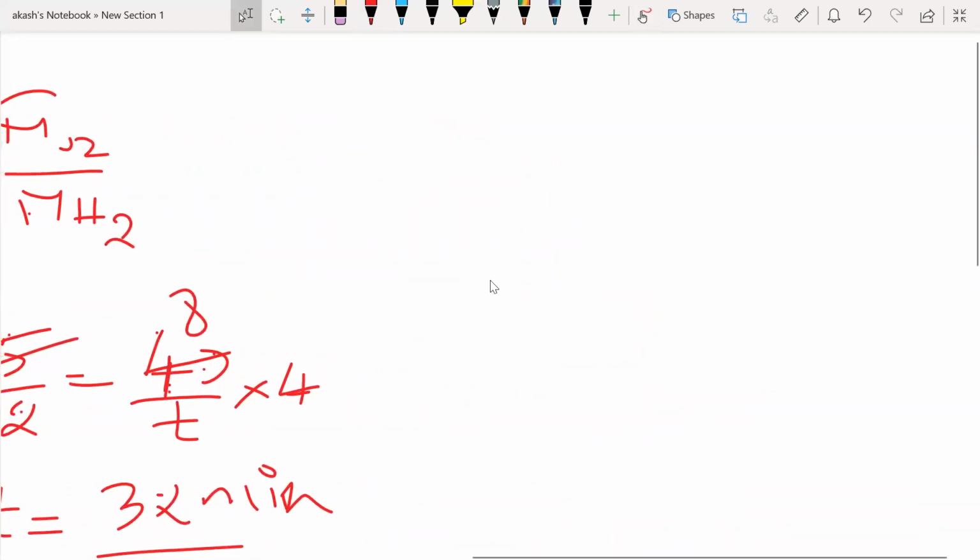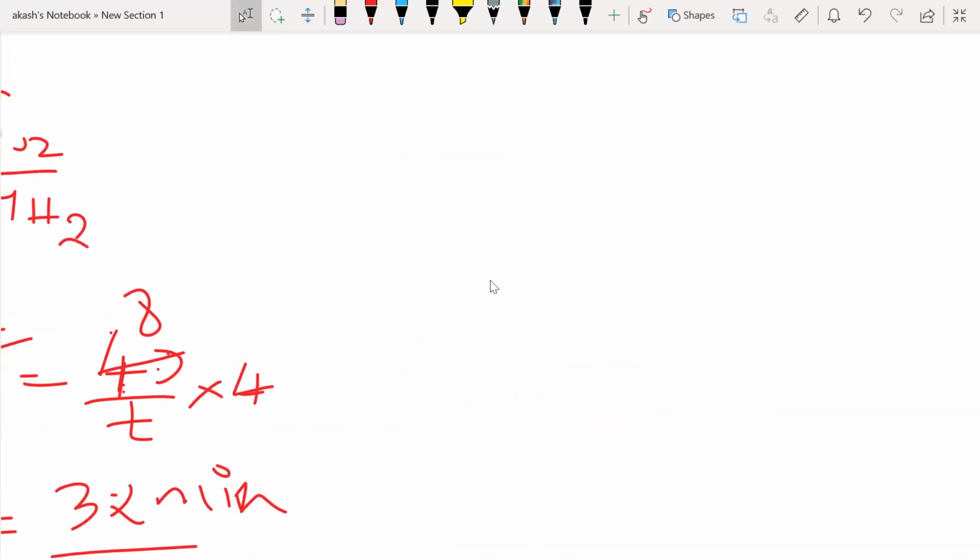So go to the next question. It's very, very similar, except that something else is asked this time. So it takes 26 seconds for 10 ml of H2 gas to effuse through a porous membrane.